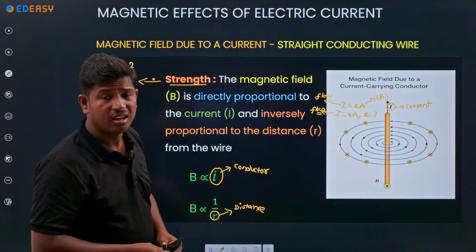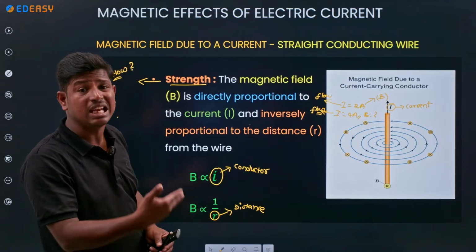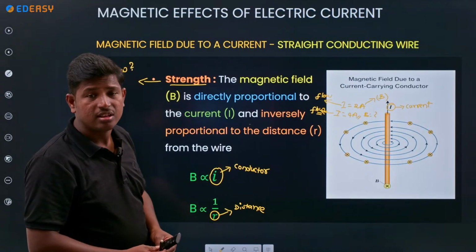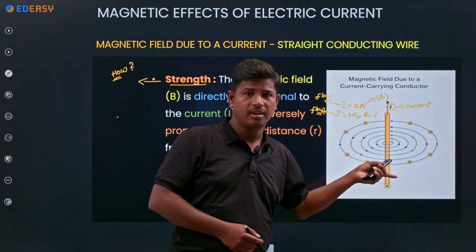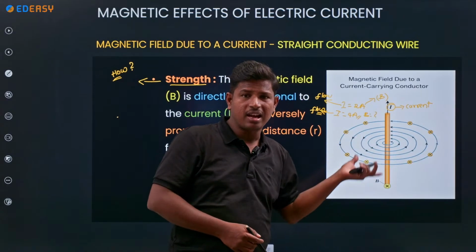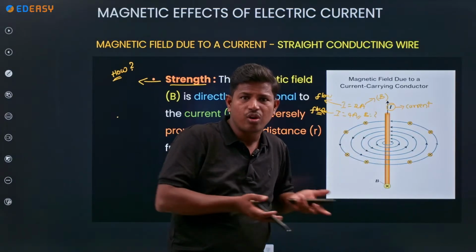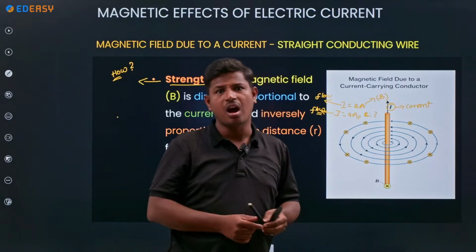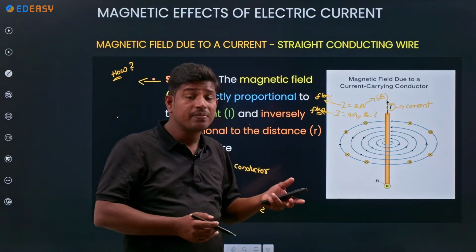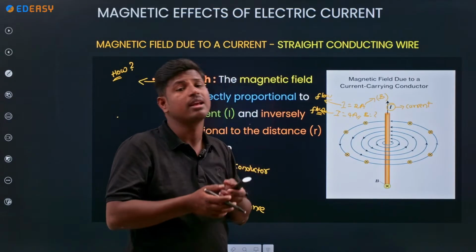The flow changes, right? With 4 amperes, the magnitude of the current changes. So if the current changes, the flow changes, because current is nothing but flow. The magnetic field is also like that.